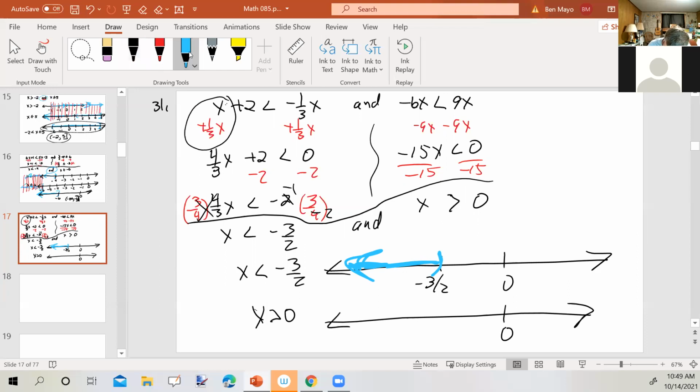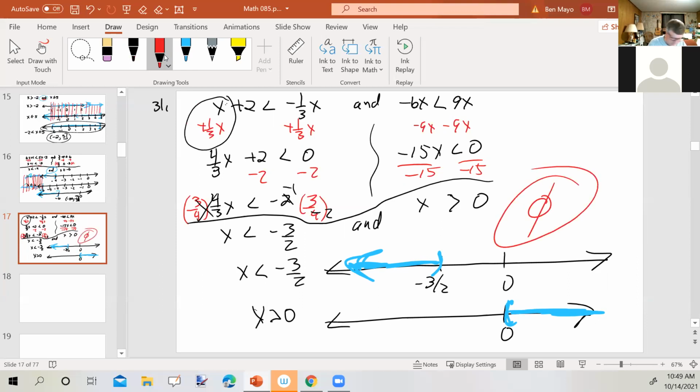So that graph is going to look like that. Where do they intersect? They don't. So the solution, no solution. They have nothing in common. They wanted the intersection. They had nothing in common. All right, any questions there?